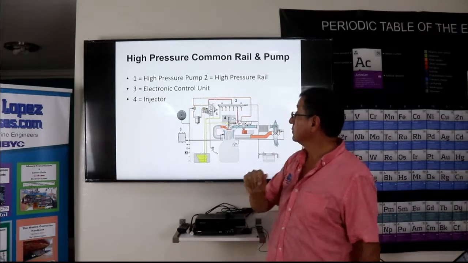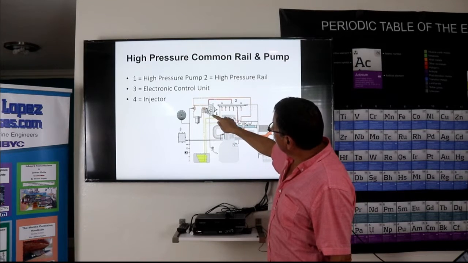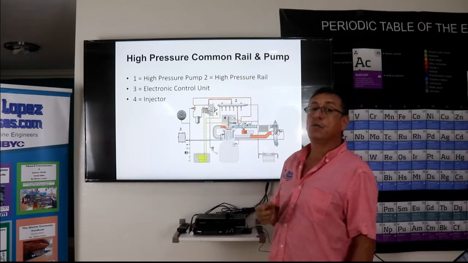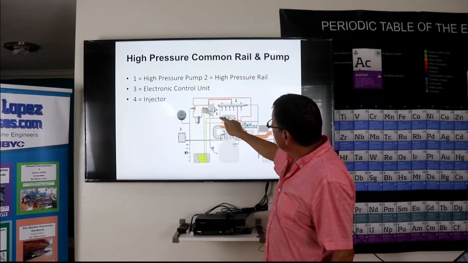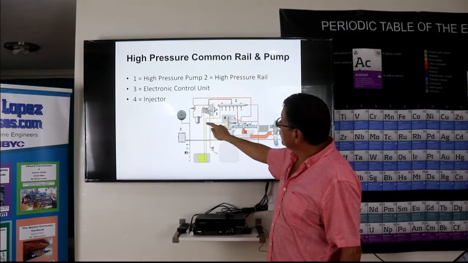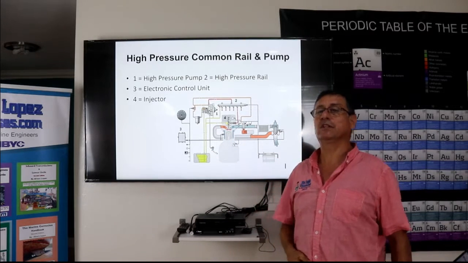This is one of the returns. Look, one return from the injector, another return from the injection pump, and another return from the common rail. We have three returns. One return, the yellow one, from the common rail, another return from the pump, and another return from the injectors. All of them converge at one point and return into the fuel tank.